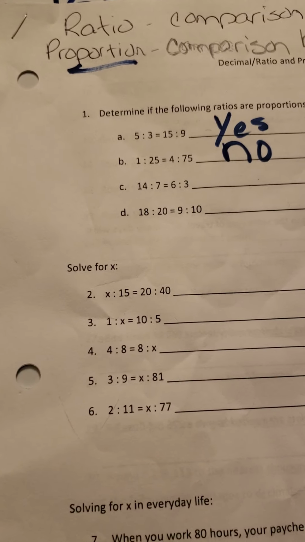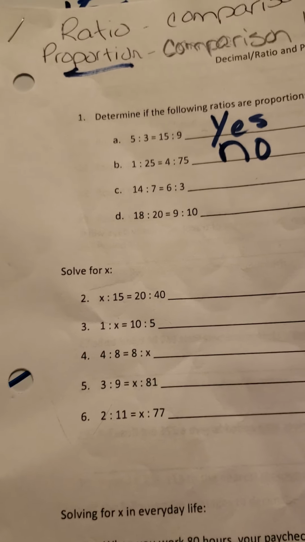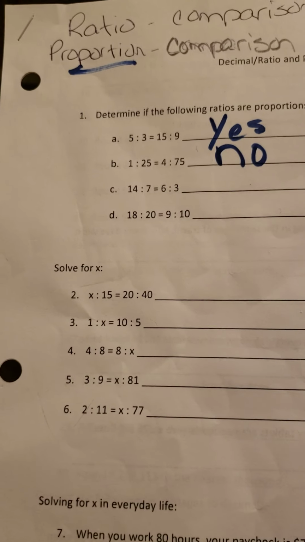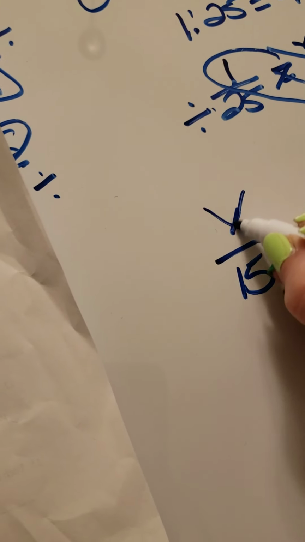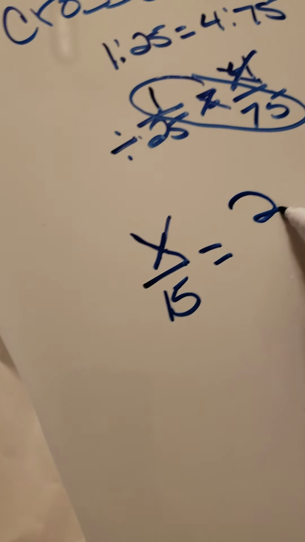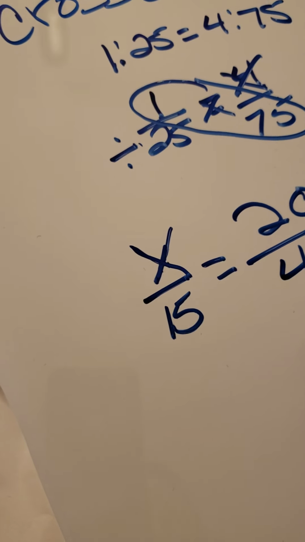Moving on to number 2, solving for x. Solving for x, you're going to line them up the same way we just did, and then cross multiply and divide. So we have x over 15, that's an x, sorry, equals 20 over 40.